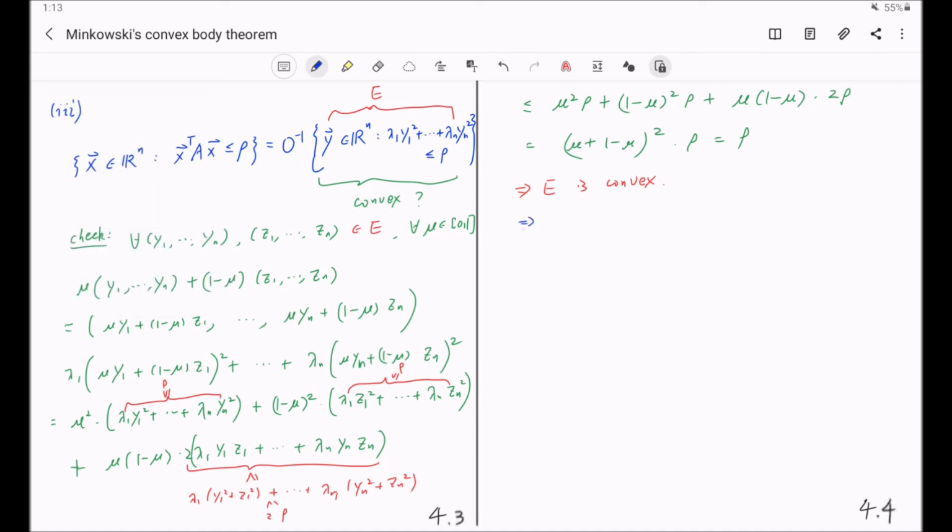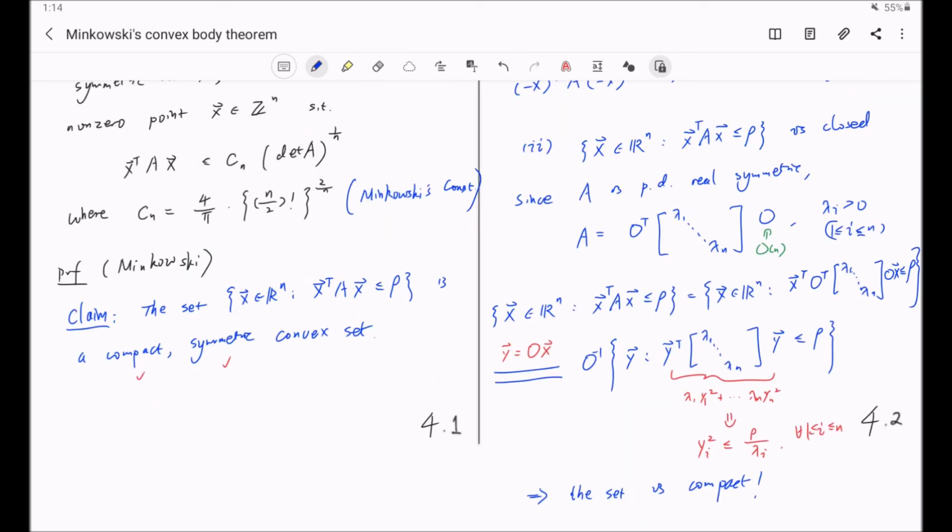So it follows that the set defined through the quadratic form of a positive definite real symmetric matrix is convex. And we are done with this claim.